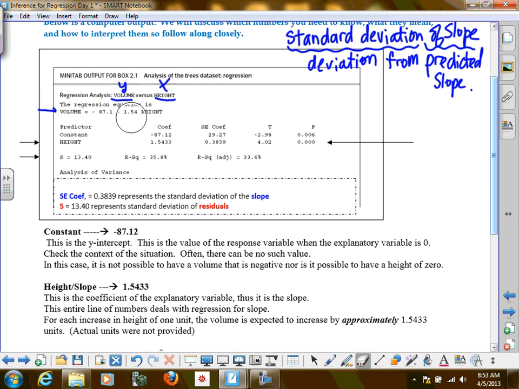Here's what I'm wondering. The y-intercept occurs when the x value is 0, when height is 0. So that means this term is gone. Tell me your real-life interpretation, a sentence to interpret the y-intercept. What is that saying?